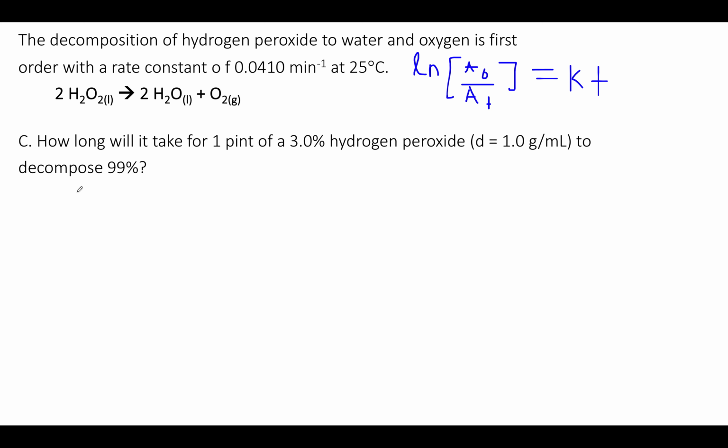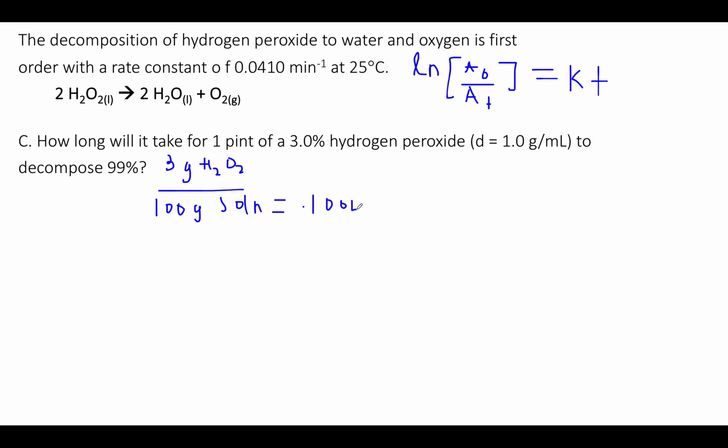So first thing I'm going to do is say that since it's a mass percent, 3 grams of hydrogen peroxide are present. It's a review of solutions over 100 grams of solution. Now the solution density here is 1, and we have 1 pint, so that would equal 0.100 liters.